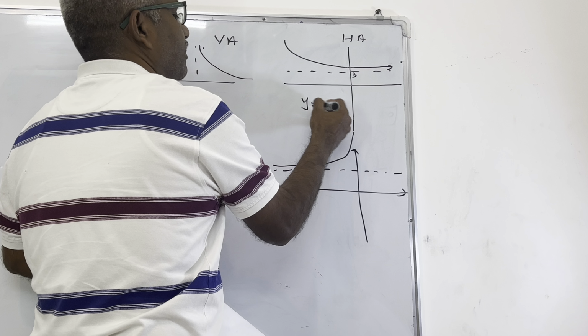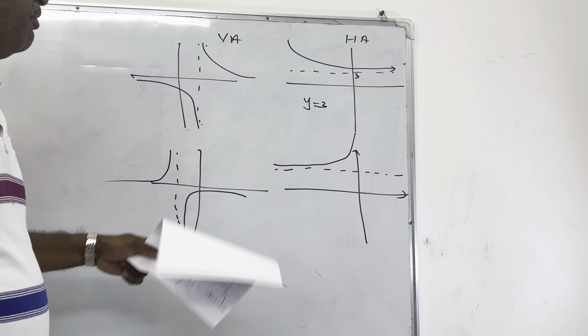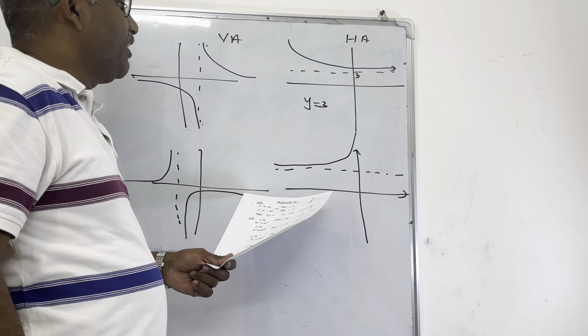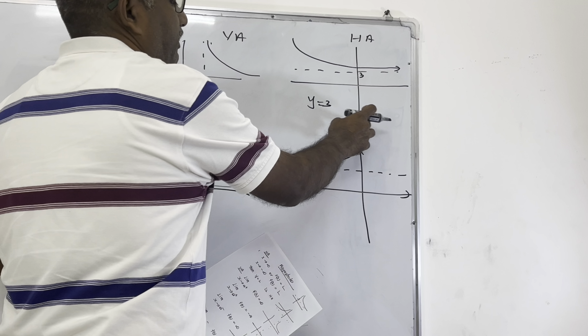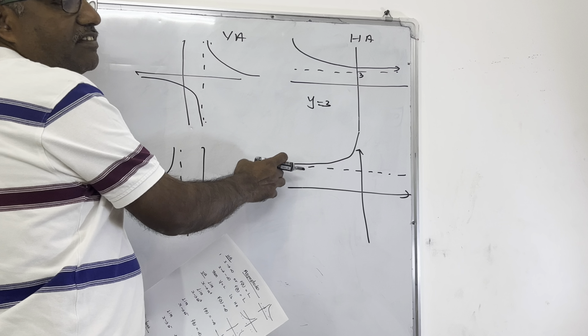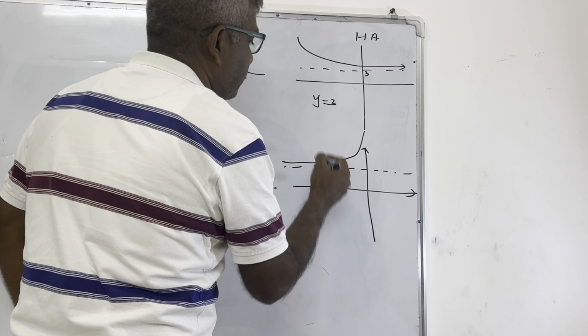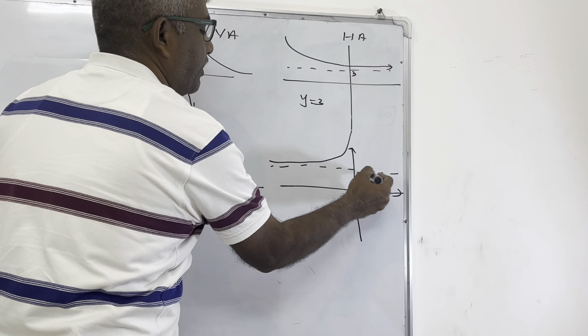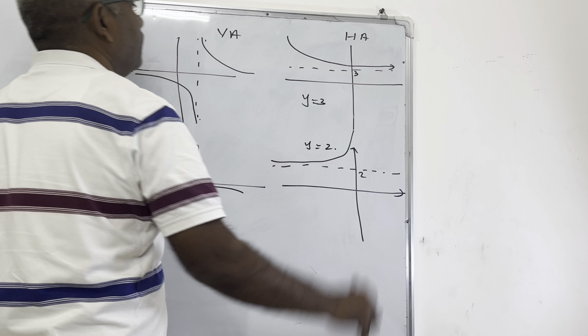When x is approaching negative infinity, the y value becomes constant, that is L, then that is also a horizontal asymptote. Suppose it is 2, y equal to 2.